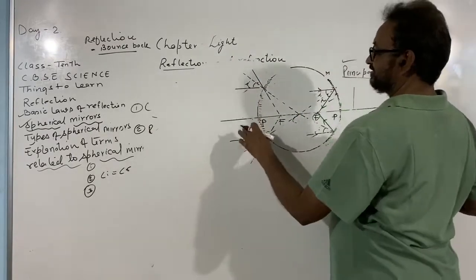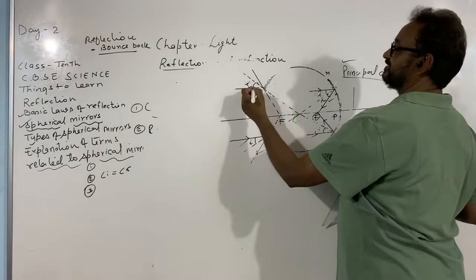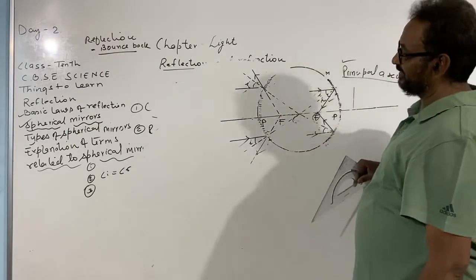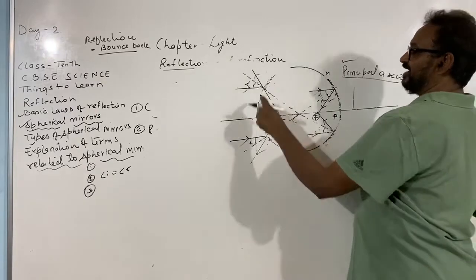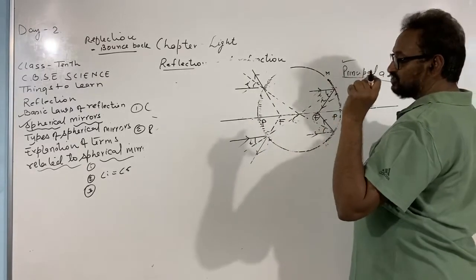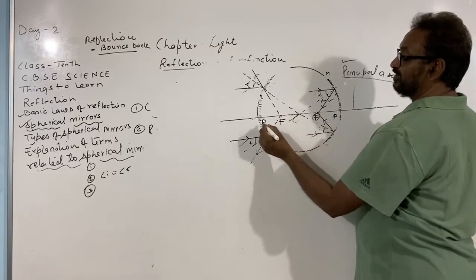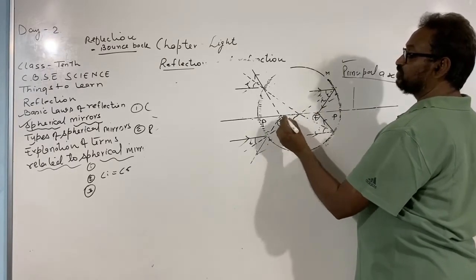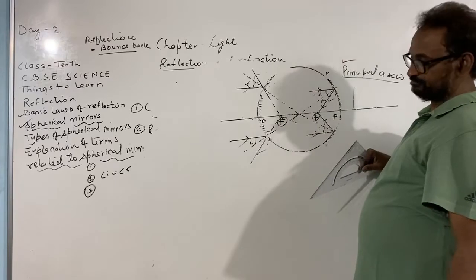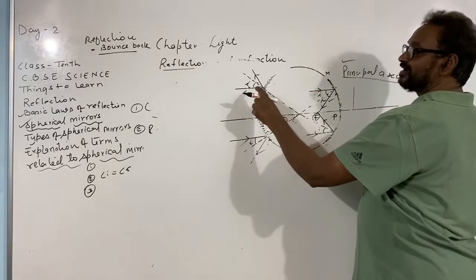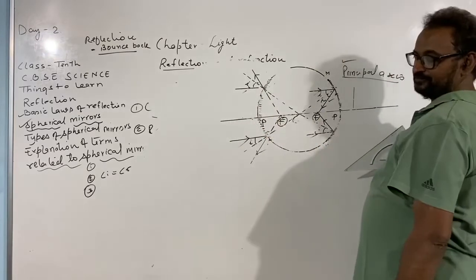So this is the incident ray, this is the reflected ray. This is the incident ray, this is the reflected ray. Now what do you see here? These reflected rays appear to be coming from a point F on the principal axis. This is the principal focus of the convex mirror.